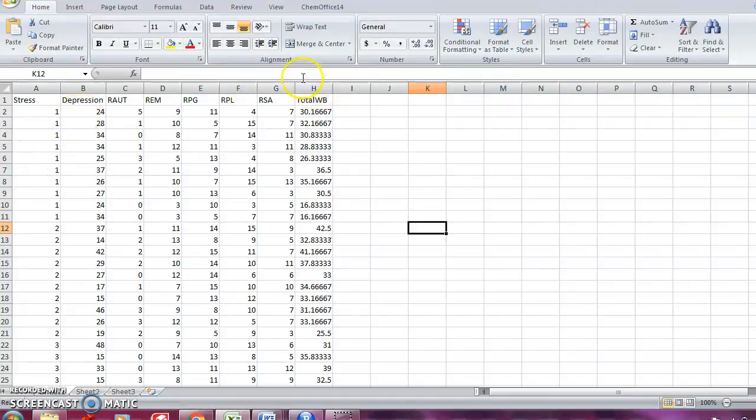So 1 is no stress at all, 2 is moderately stressful, and 3 is extremely stressful. Now I have depression scores, and the average of these 6 scores was taken to create the total well-being score, which is total WB.